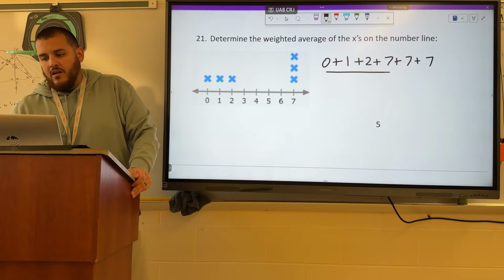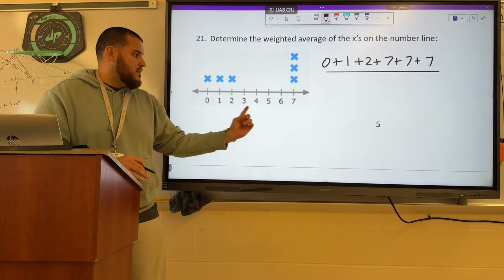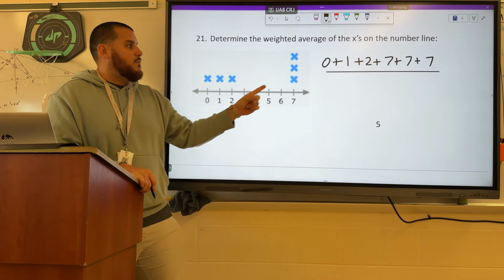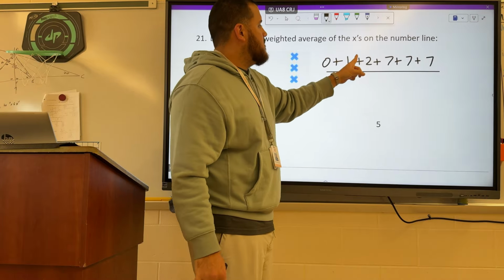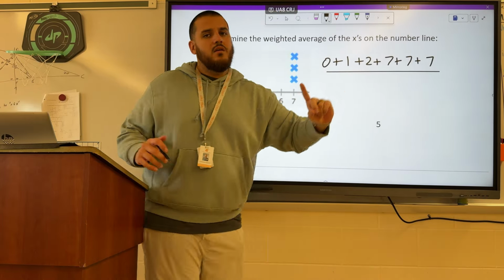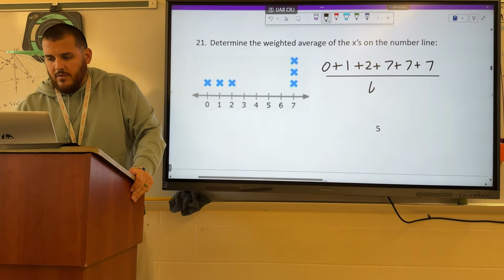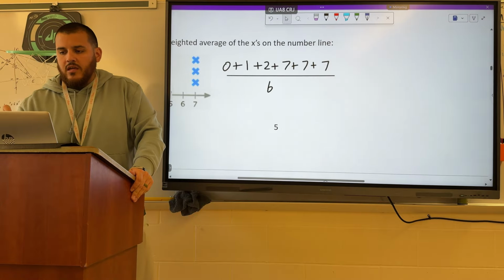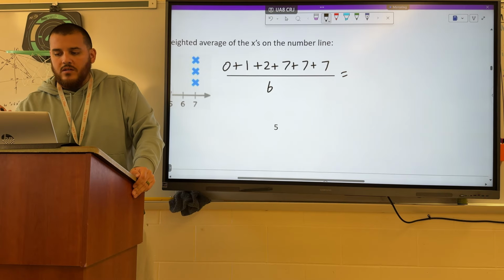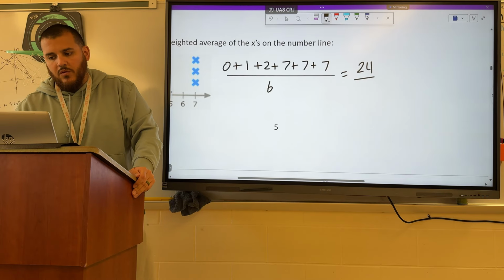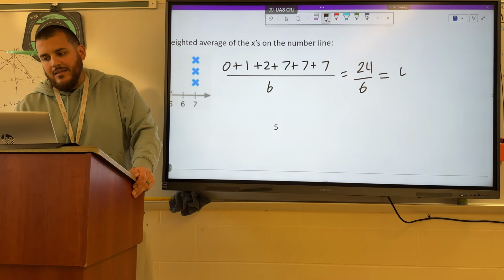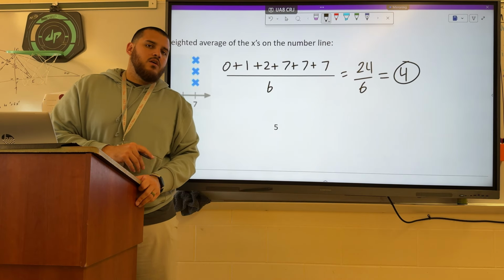And then notice here, what I would divide by now isn't the 4 numbers that have x's on them. It's the total number of values. 1, 2, 3, 4, 5, 6. I would be dividing by 6. And again, I can just calculate from here. If I add all those numbers up on top, I'm going to get a sum of 24. When I divide 24 by 6, I get a weighted average of 4.